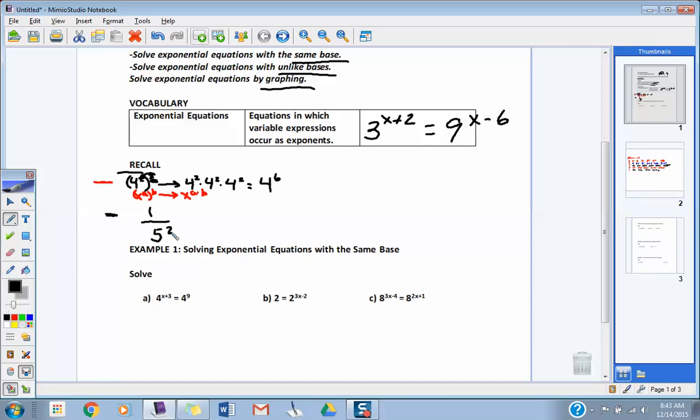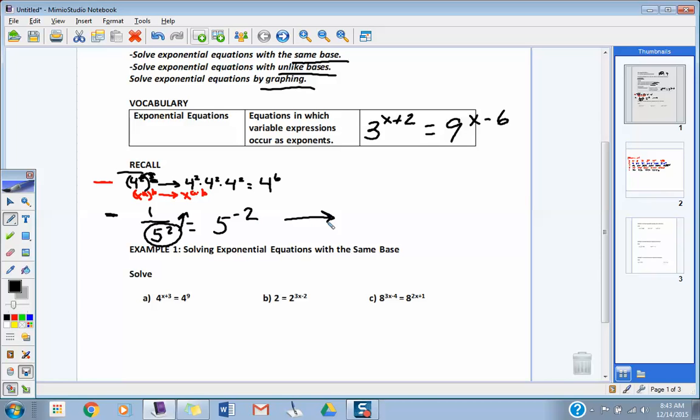If you ever see a fraction form like this, 1 over 5 squared, which is really 1 over 25, that is the same as taking this and moving it to the top. But if you move this to the opposite side, instead of your exponent being a positive 2, it turns into a negative 2. So the rule for this is the following.